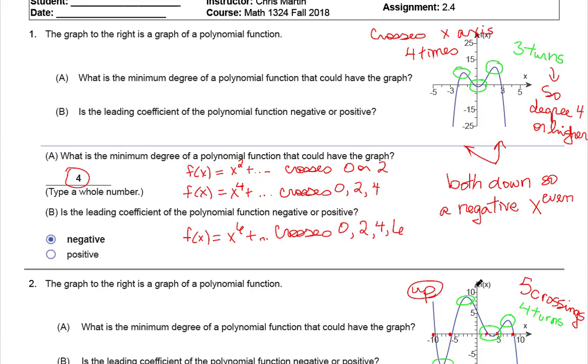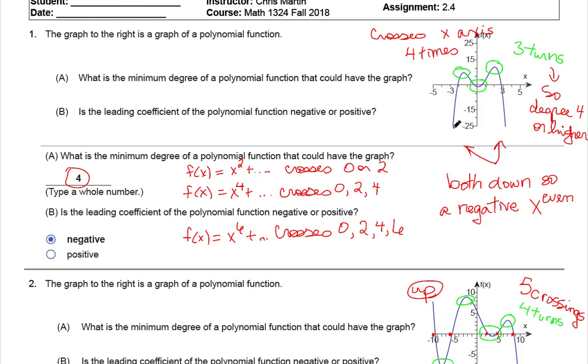So, let's take a look at some of these places. Alright, let's look at this one here on the right. Well, first off, notice where are the two ends? The two ends are down. Now, how could I get down? Down was an even power flipped over, right?